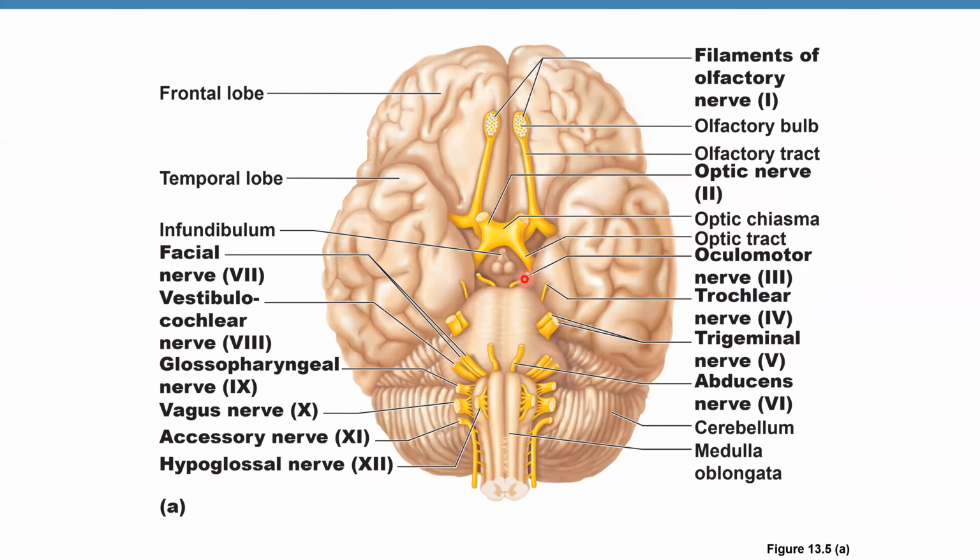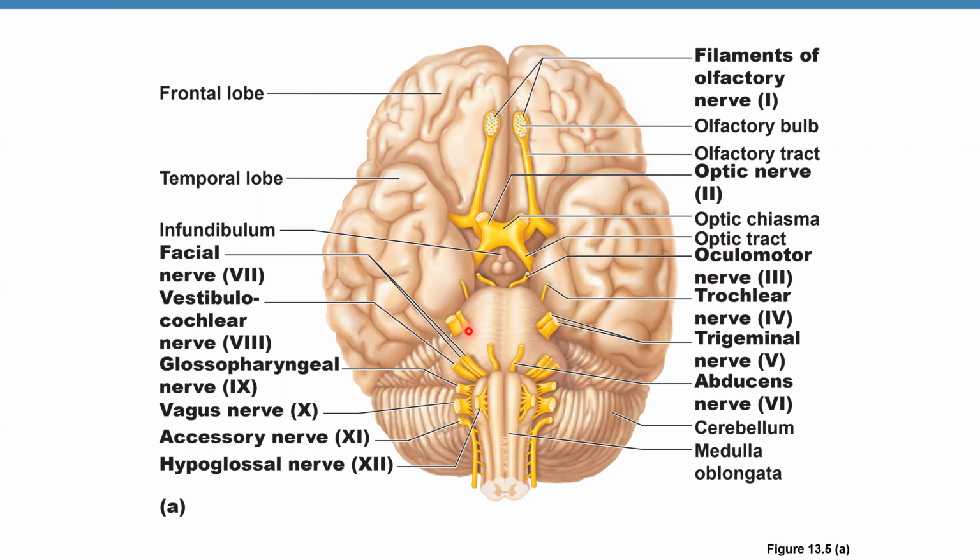This is oculomotor, or number 3. So let's start with number one. So 1, 2, 3, 4, 5, and then we go 6, 7, which has two branches, 8, 9, 10, 11, and then we go over here, 12.